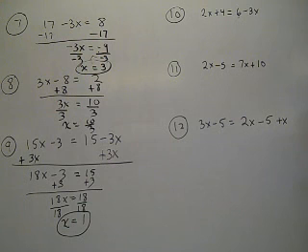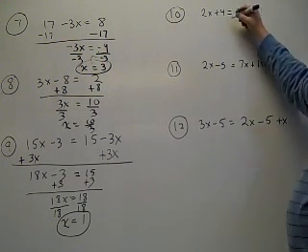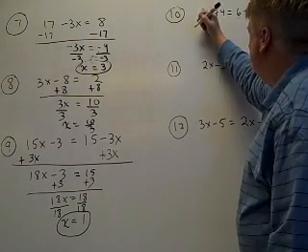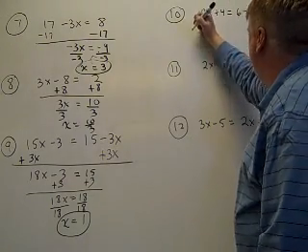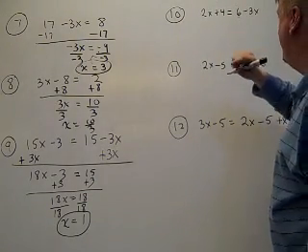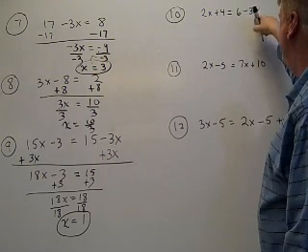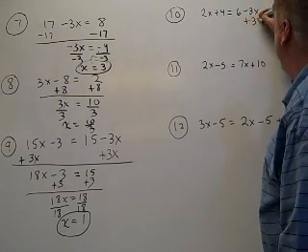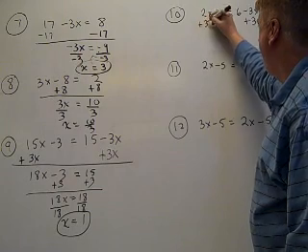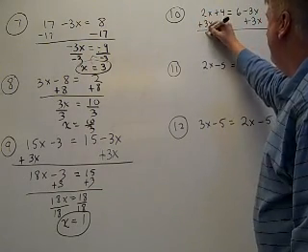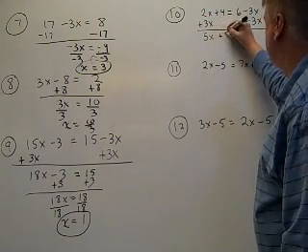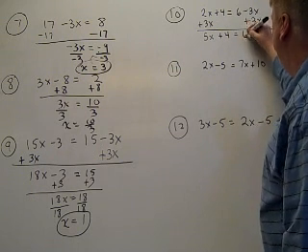Problem number 10. Again, let's put the letters over here on the left-hand side, the numbers over here on the right-hand side. So if we want no letters on this side, we have to add 3x. Now I've got 5x plus 4 equals 6.